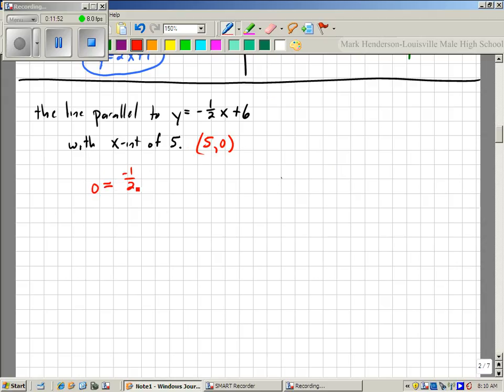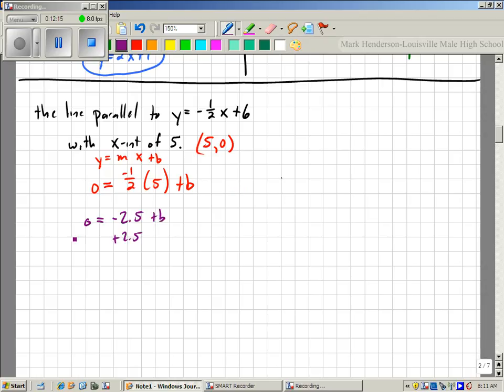0 equals -1/2 times 5 plus b. That's when I use the equation y equals mx plus b. So that's where all those numbers came from. From there, I get -2.5 plus b.